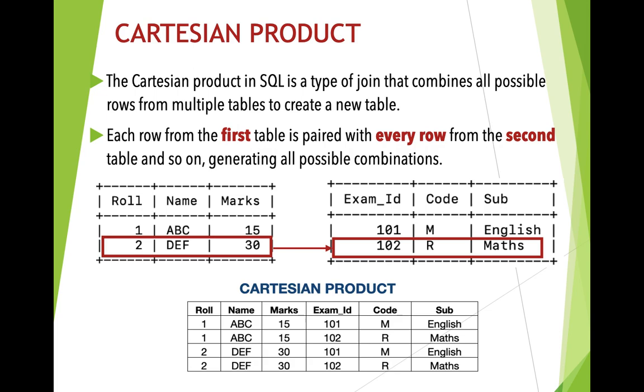So finally, if we do the Cartesian product on both these tables, this will be the result. In the result, we see it combines all the possible rows from each and every table. This concept is known as Cartesian product.